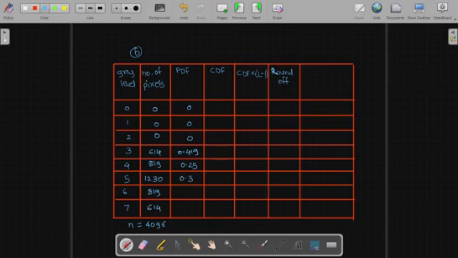Next is 0.30 and 0.15. Here will be 0, 0, 0. Since all the values are 0, it will be equal to 0. Next is 0.419, 0.35. Sorry, here it is 0.149.